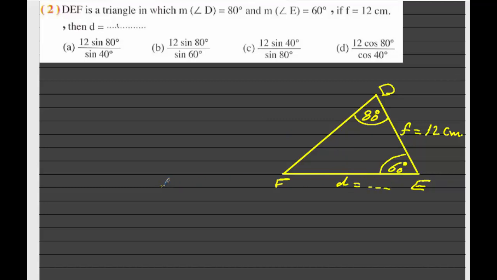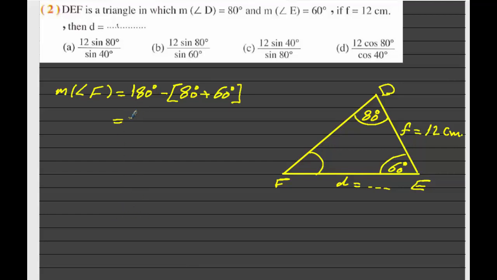This is the question. So we will find the relation between d and f. First, we will calculate the measure of angle F. Measure of angle F equals 180 degrees minus 80 plus 60 degrees, because the sum of the interior angles of any triangle equals 180.